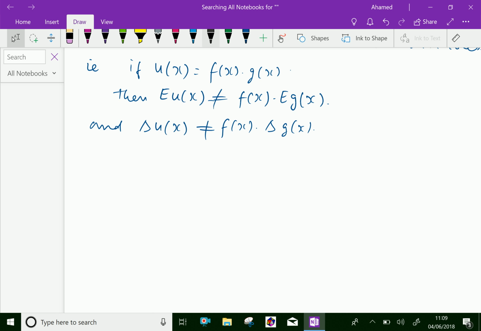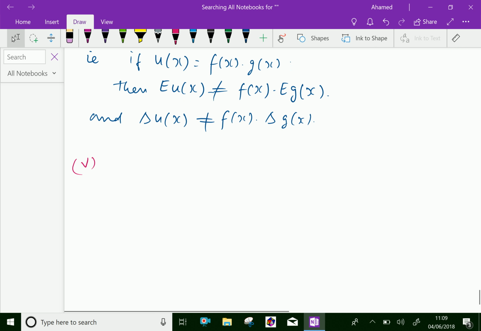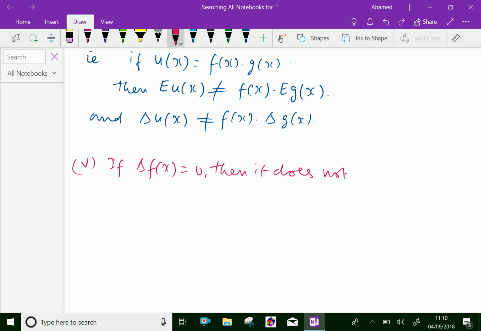Next one, fifth property. If Δf(x) = 0, then it does not imply that either Δ = 0 or f(x) = 0.